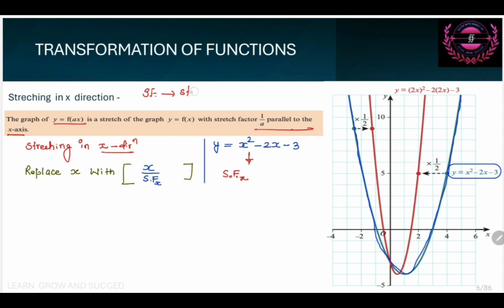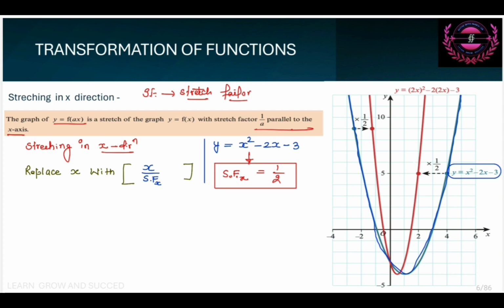So the stretch factor in x direction is given to be 1 by 2. So if your stretch factor is 1 by 2, then how will you transform this graph?